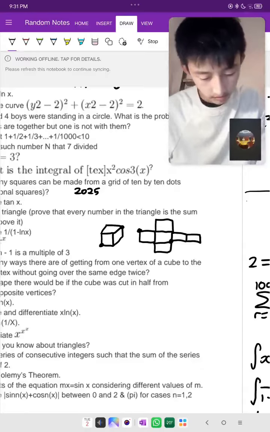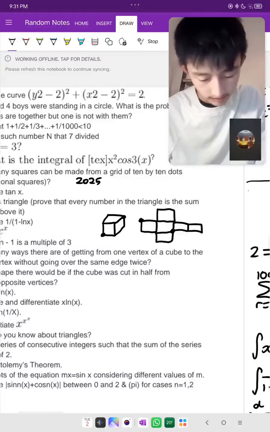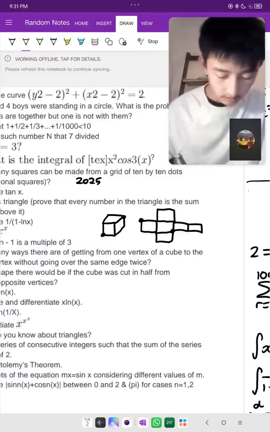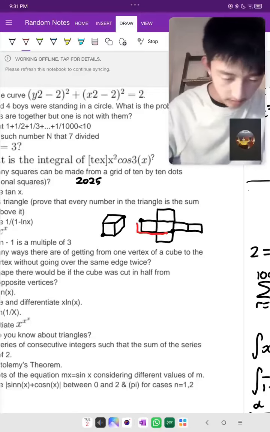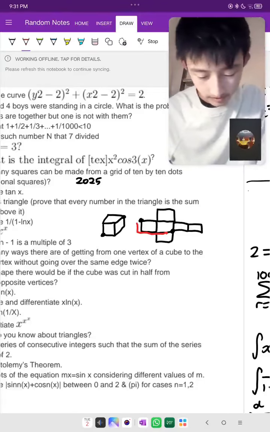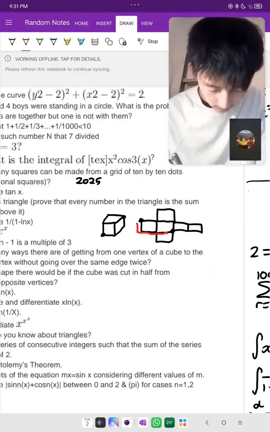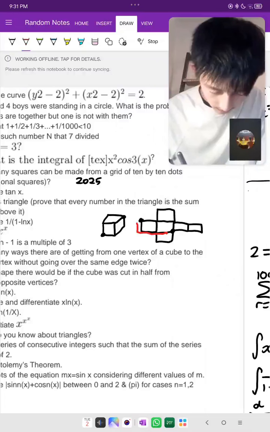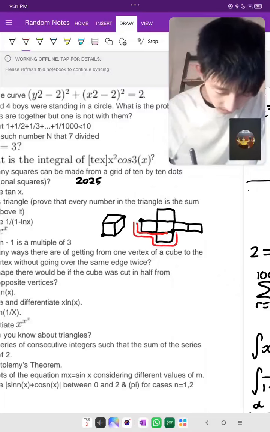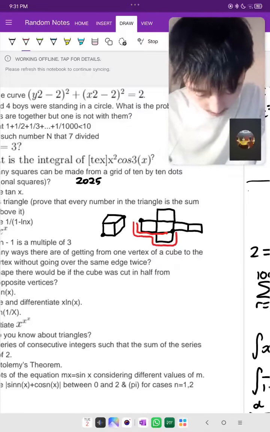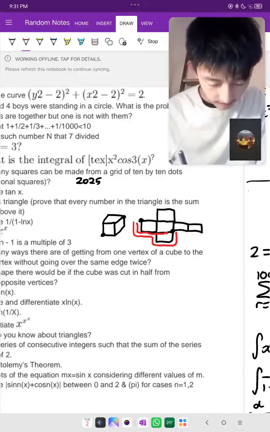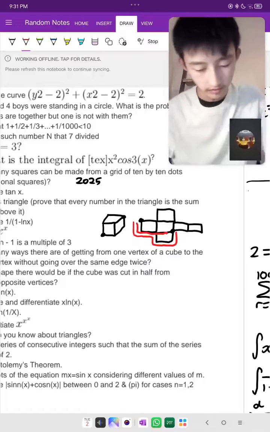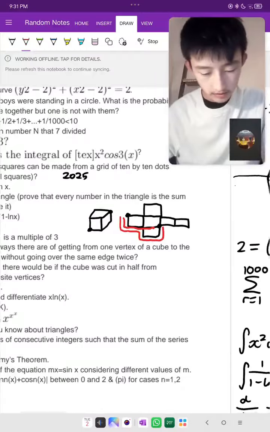Okay, so how many ways are there to get from there to there without going over the same edge twice? If I draw my paths in red, I have one path there. How am I going to do this without making a mess? Okay, so I have one path there. I can go this path. I could also take the same path but then continue onwards. If I go left, up, okay, there are quite a lot of things to consider.